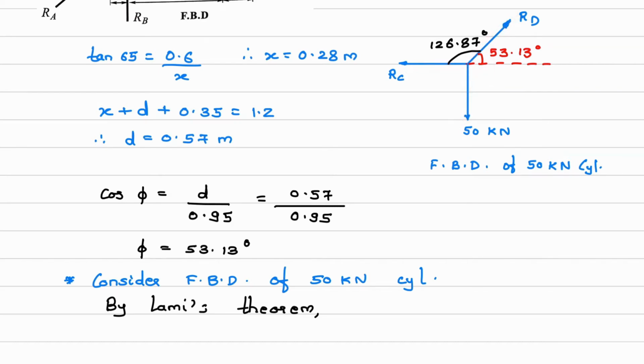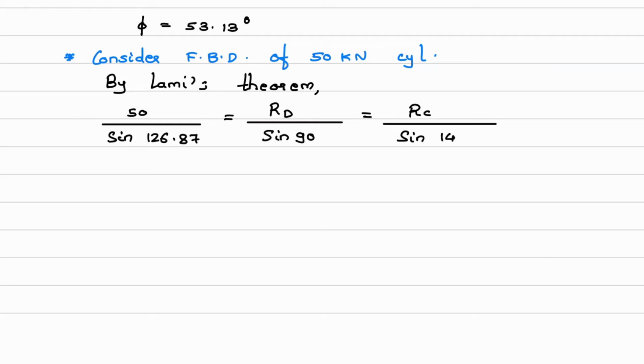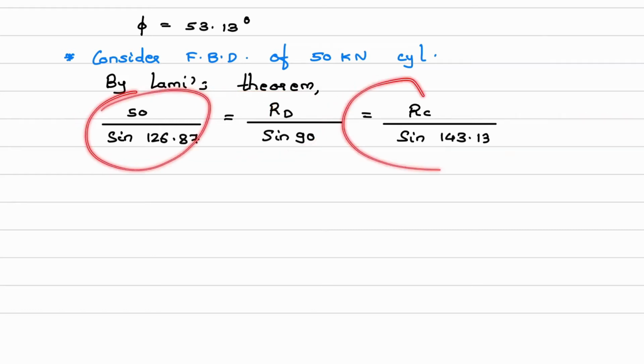If you calculate, this will be 90 plus 53.13, which comes out to be 143.13 degrees. Now if you see this Lami's theorem equation, one side is known, so we can equate this, we can get RD, then we can take this and calculate RC. So I will write down the values.